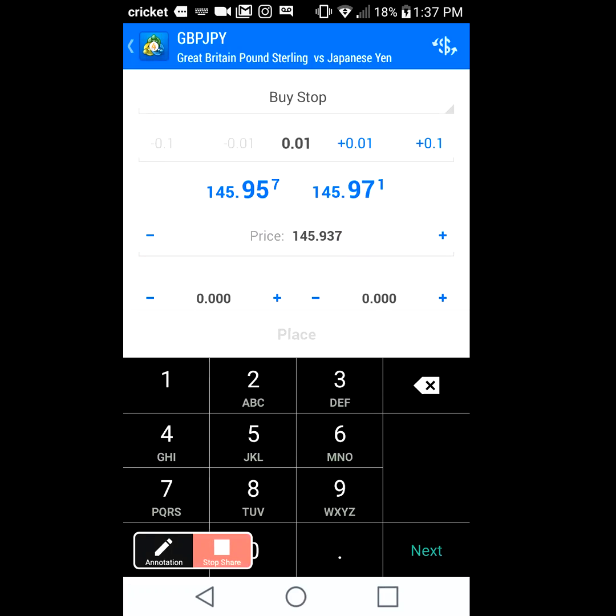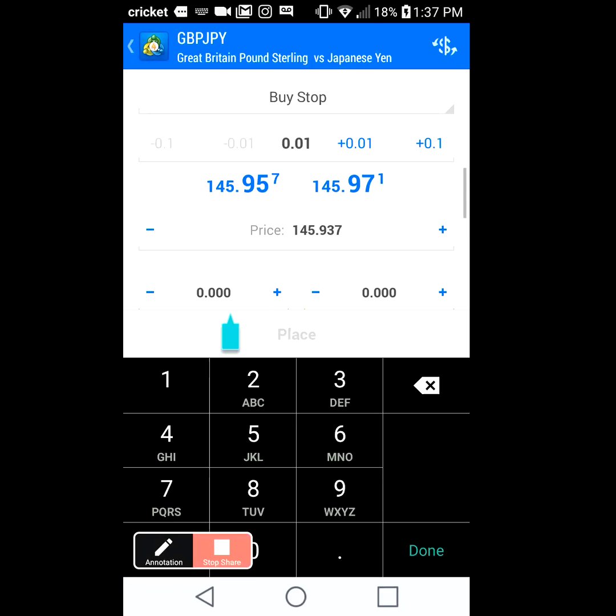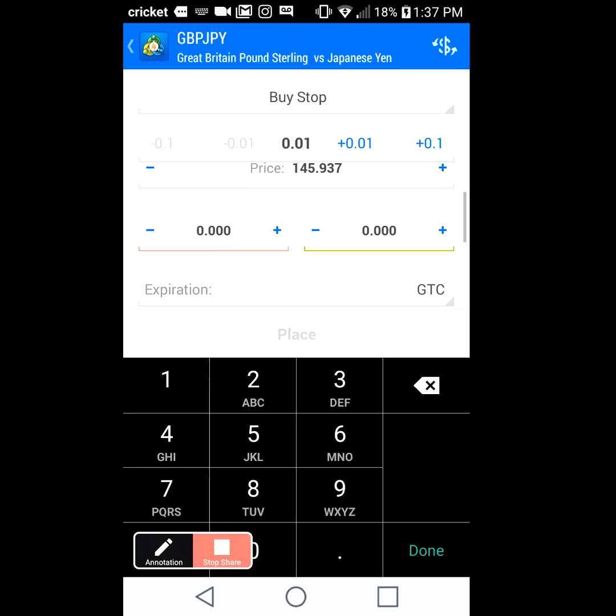Is that our entry price or is that our stop loss? Entry price 145.937. Yeah. Okay. And then what is our stop loss? 145,584. Okay. And then what is our take profit? 146,635.